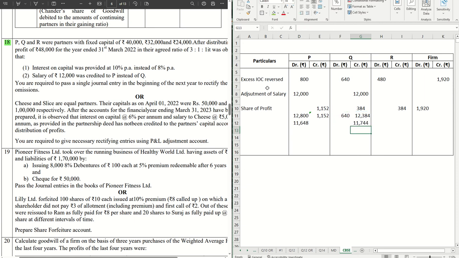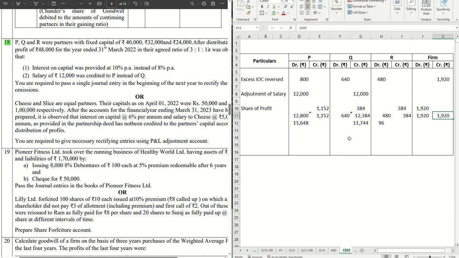Again, 3 mark sum, you can't spend more time on these. You have to be fast with your workings so that you get to understand what is the final answer, right? So here the totals are same, so there won't be anything. Straight 1920 and 1920 you can write.